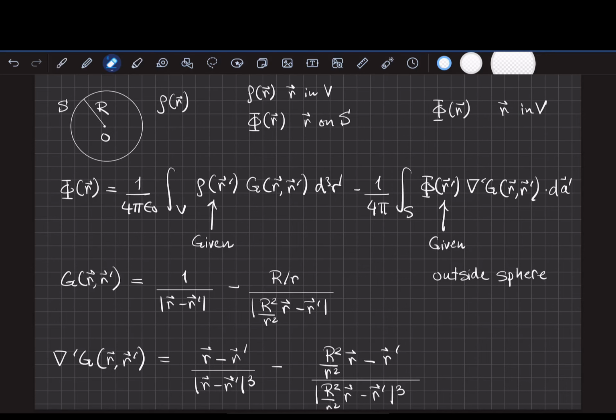Our volume is considered to be inside the sphere. We would have the same form of our equation, and now the volume integral will just be taken for all points inside the sphere.